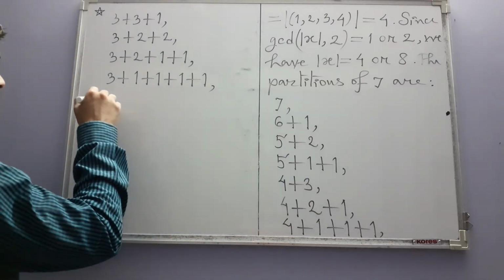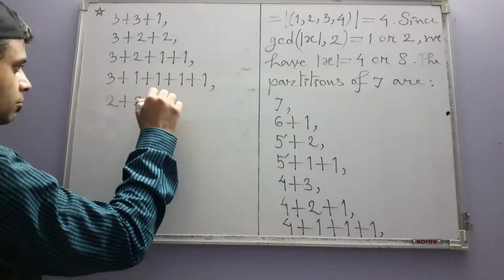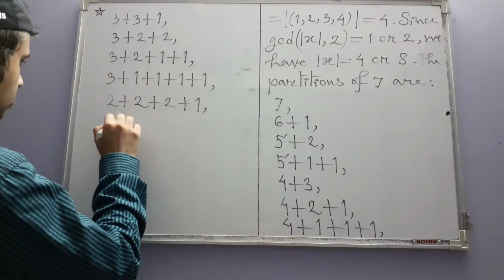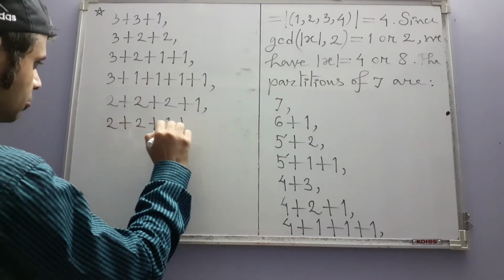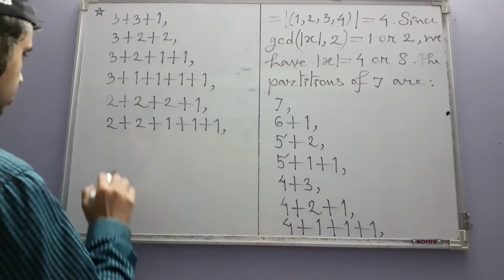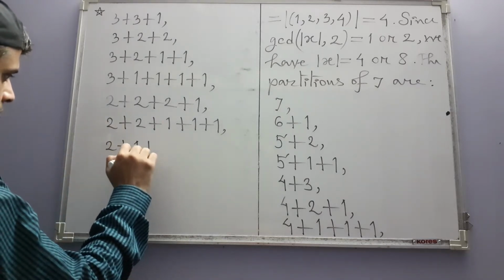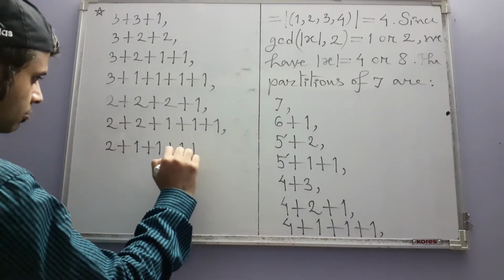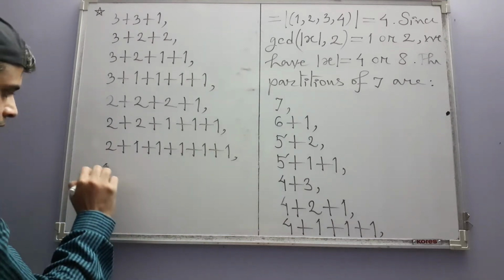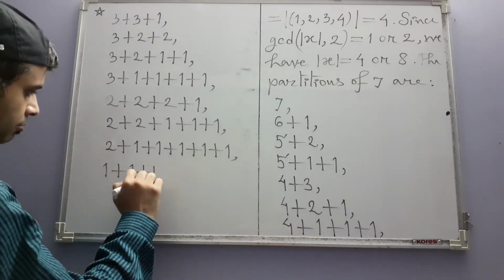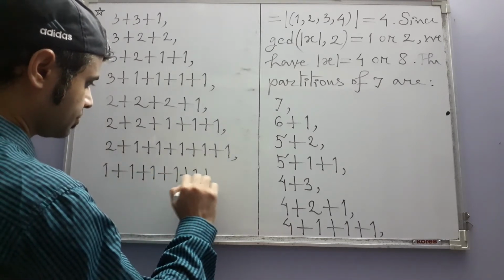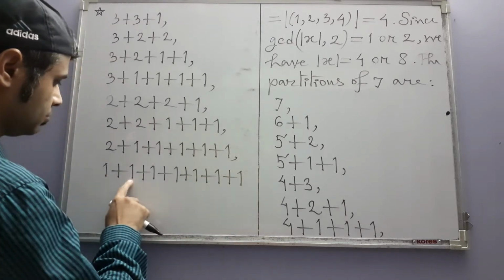Then this is also 7. And finally one more where everything is 1. 4, 5, 6, 7.